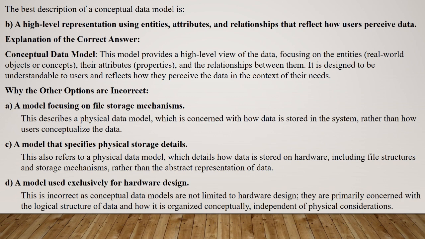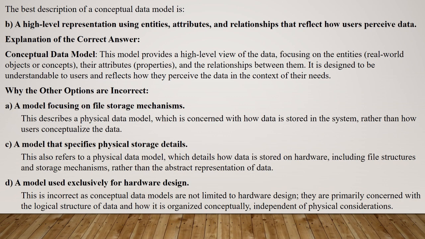The conceptual data model provides the high-level view of the data, focusing on entities. When you say entity, it is a real-world object or concept, maybe a person, an object, an event, or a concept. And then their attributes, the properties.